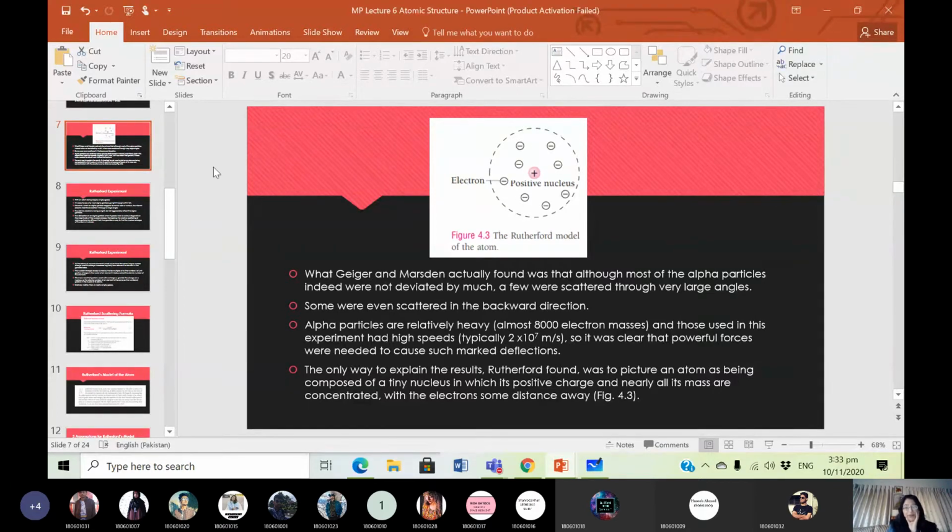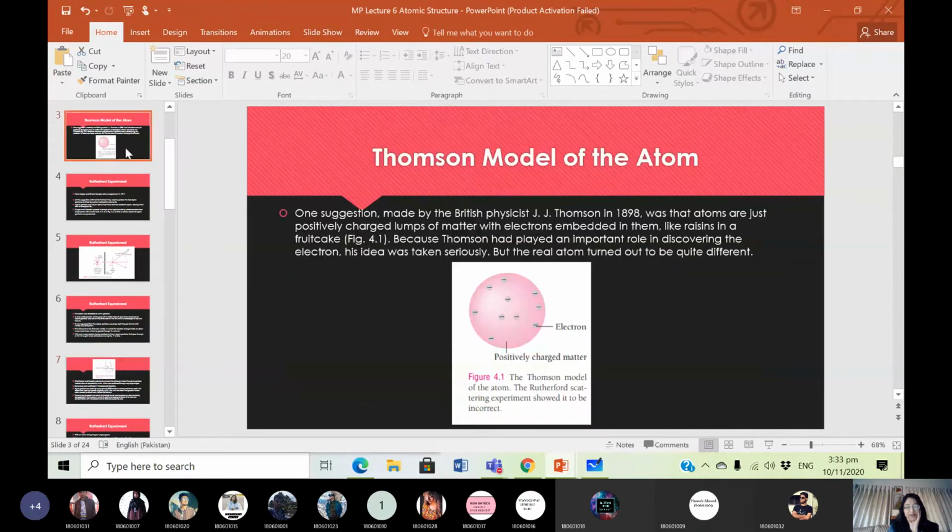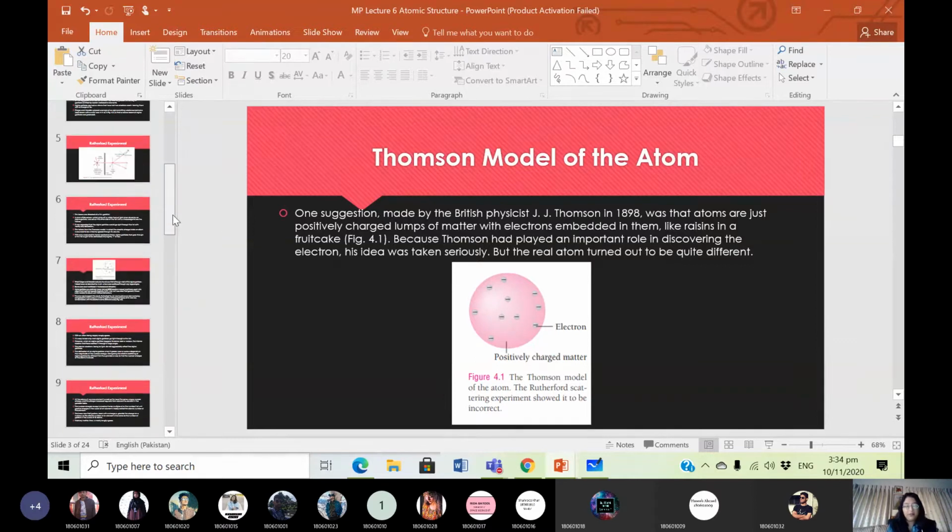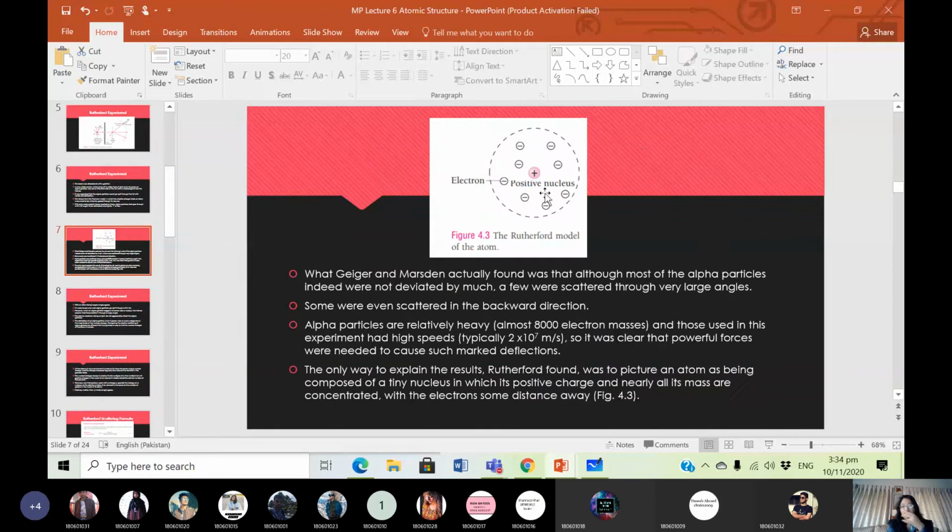Thomson's model had uniformly spread positive charge with negatively charged electrons spread out uniformly throughout the material. Rutherford's model says there's a strong positively charged nucleus at the center of the atom, and the electrons are scattered outside the nucleus. This is Rutherford's model.